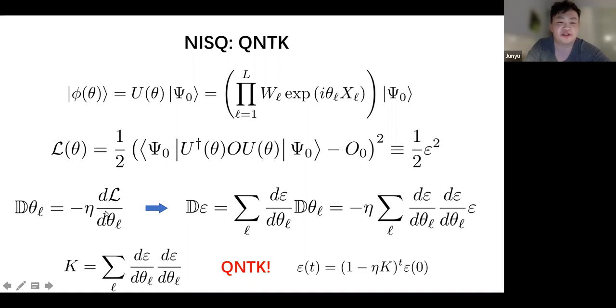So this is basically the definition of gradient descent, and it is equal to minus eta, where eta is the so-called learning rate, a small positive constant, times the derivative of the loss function over the variational angle. That is the definition of the gradient descent algorithm. You can use some other algorithms, but today, primarily in this talk, I study this gradient descent algorithm.